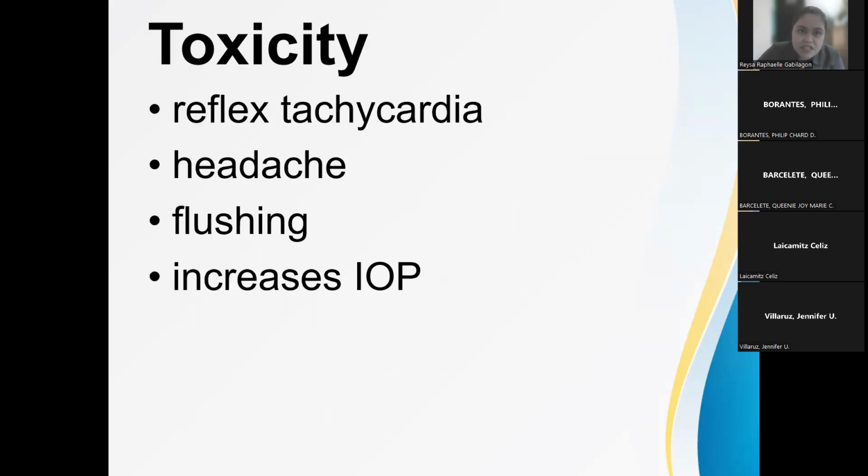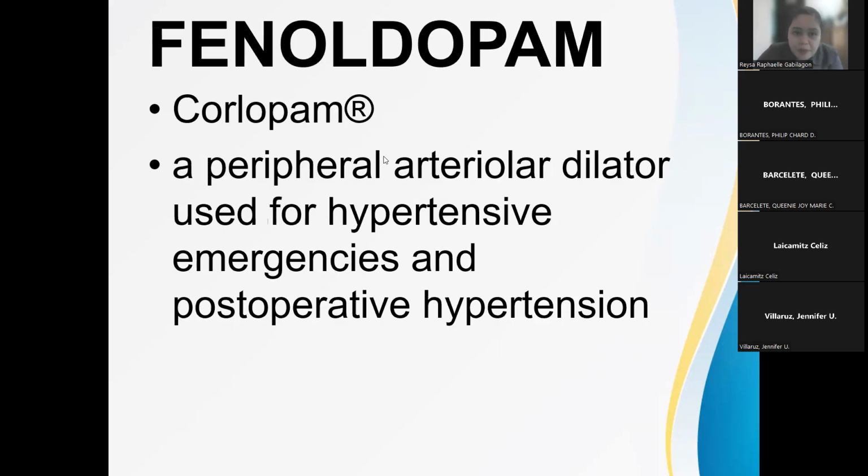And let me just end here with fenoldopam. Fenoldopam, from the name itself, dopam, the activity is on the dopamine receptor. This is still given parenterally, and just like the diazoxide, this can only dilate the arteries.